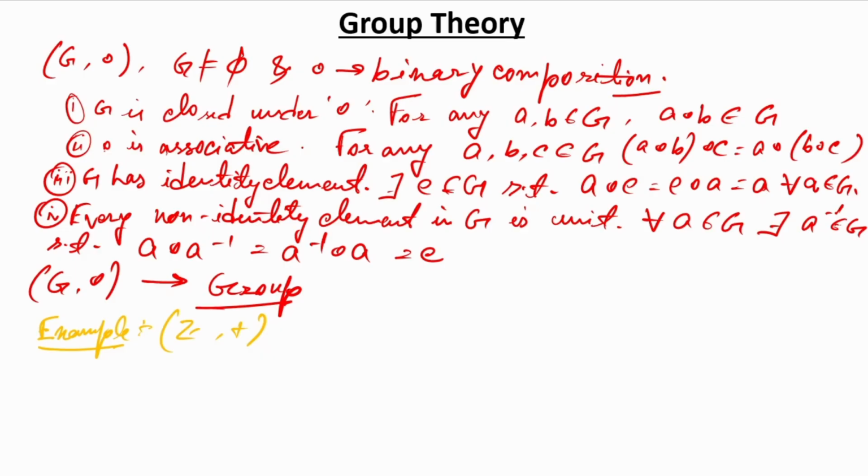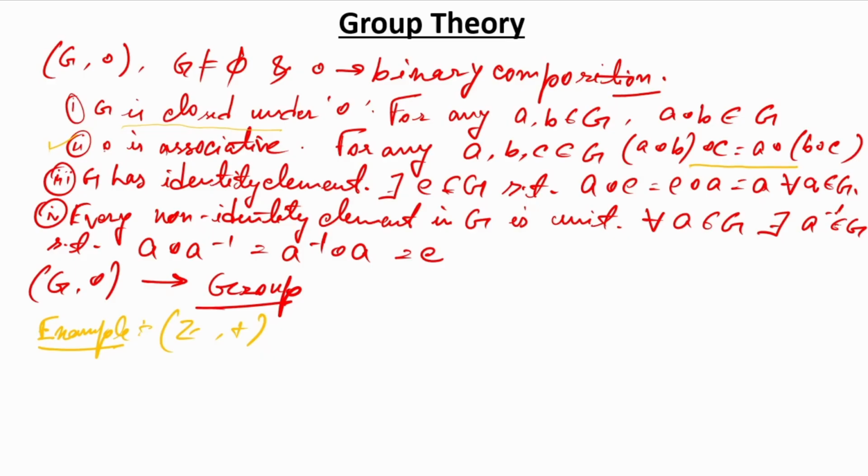See, the first property is G is closed under composition. You can take any element from Z and add them. That will be also an integer. The next property is associative. Take any three elements from Z and you can verify that this property will be satisfied.